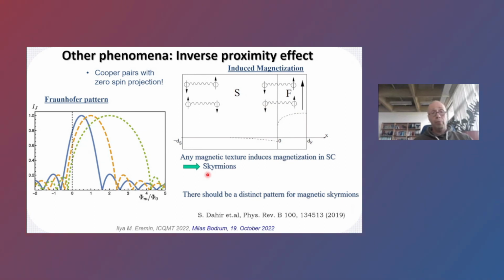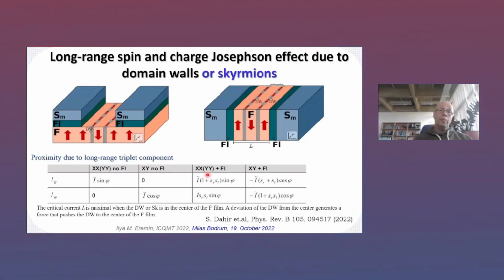That's one proposal. The other proposal is that, if you have skyrmions, I already mentioned that in many respects the behavior of skyrmions is very similar to the domain wall. So you can, for example, view a skyrmion as something which is two domain walls, elongated along this direction.